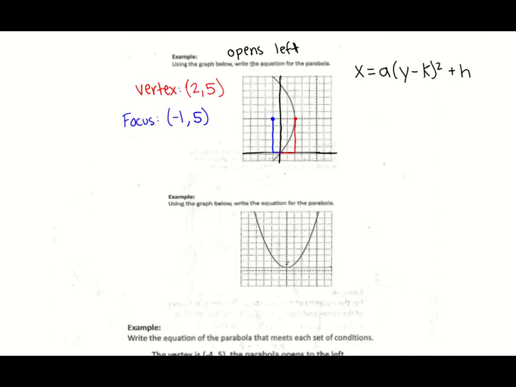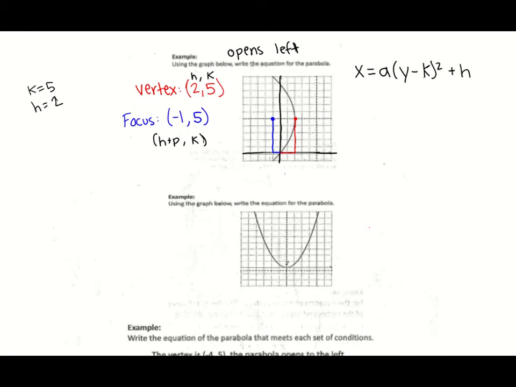Just by finding my vertex point, I know those points are (h, k). So already I know that my h is 2 and my k is 5. For my focus, I know that point is (h plus p, k). So that matches up. My k equals 5, so I'll write that over to the side: k equals 5, h equals 2. But I need to find my a, and in order to find a, you need p.